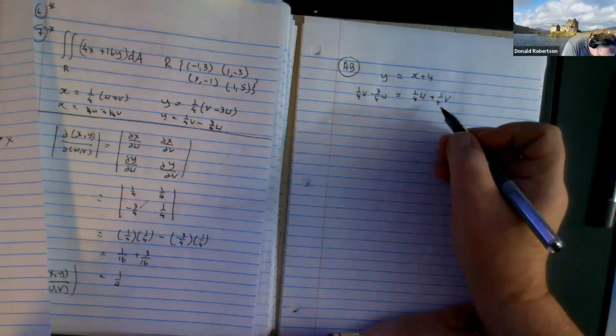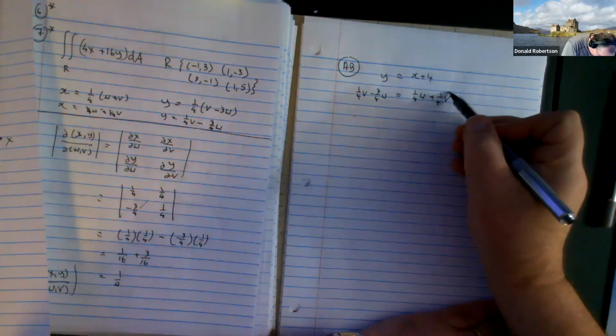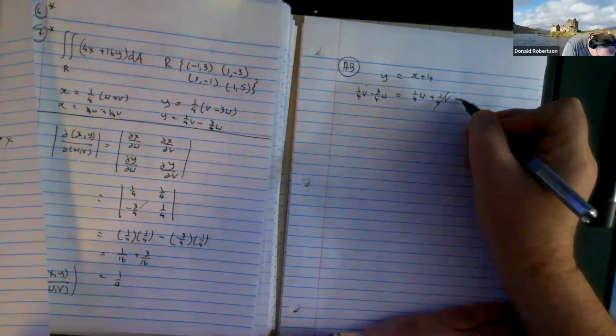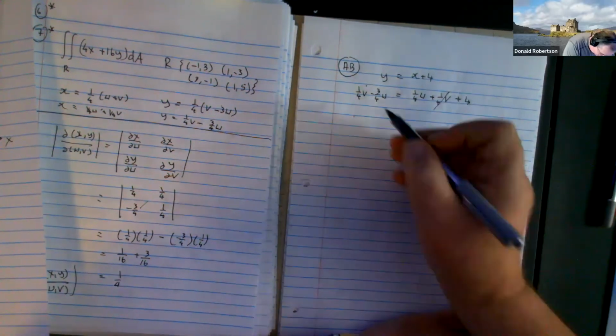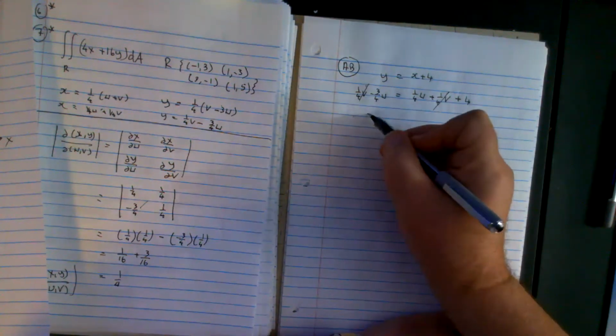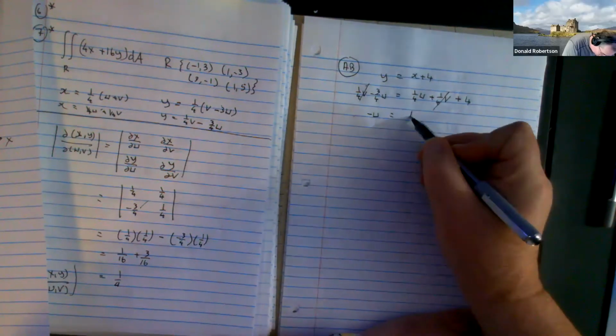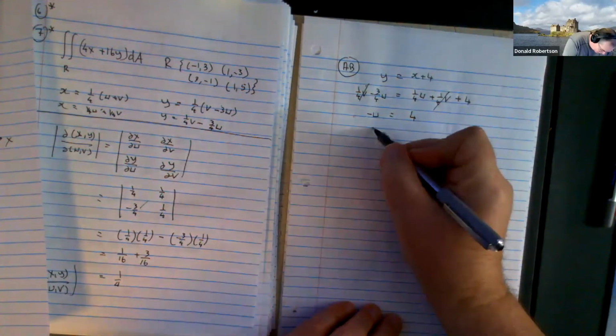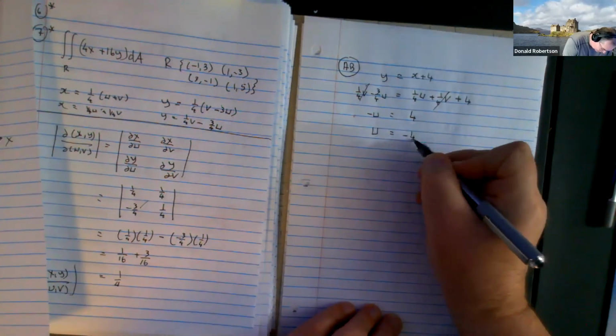Don't forget the plus 4. Oh, thank you. Almost screwed that up. If you cancel these out and subtract 1/4 u from both sides, would you agree you get that? And haven't we found one of our limits of integration?